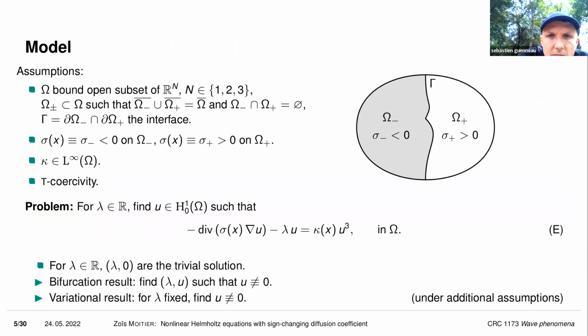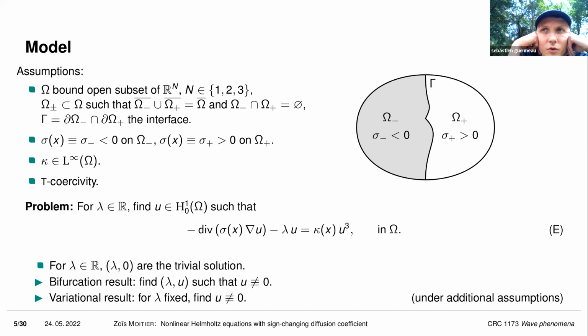So the assumption on sigma is that it is an L-infinity function. And it's not just positive, but really greater than a small positive number on the positive part, and on the negative part it's lower than a small negative number. So you cannot get close to zero.